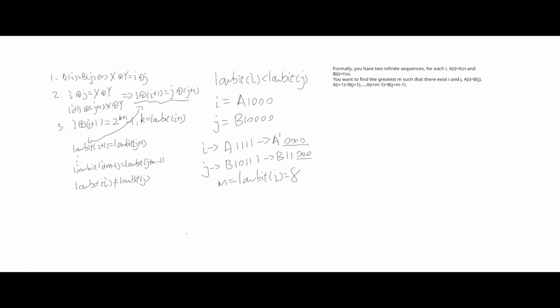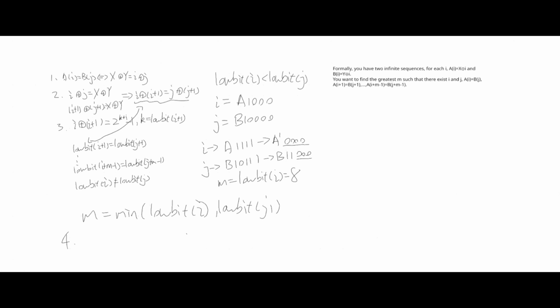Now, the third step actually tells us that for a certain I and J, M equals the minimum of low bit I and low bit J. Now, here's our final step to solve this problem.